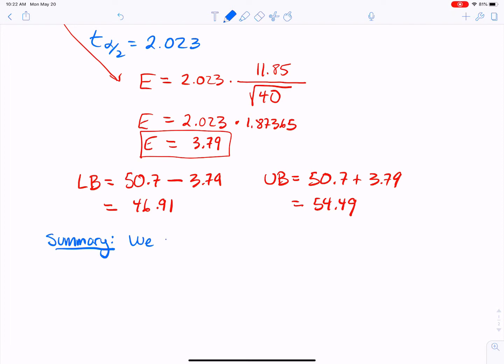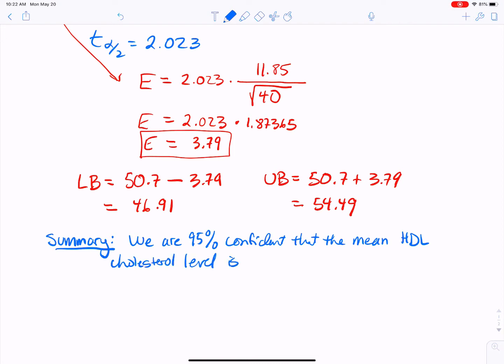So we are 95% confident that the mean HDL cholesterol level is between, it's always got to be an interval, so it has to be between, in this case, 46.91 and 54.49. So that's apparently what we'd expect to see in HDL cholesterol levels for the entire population.